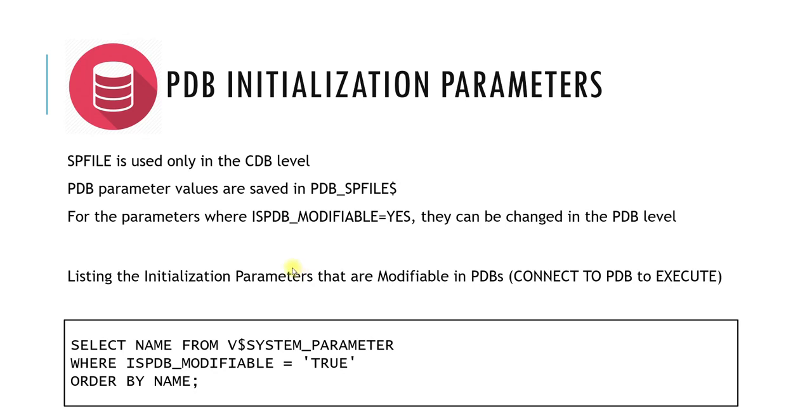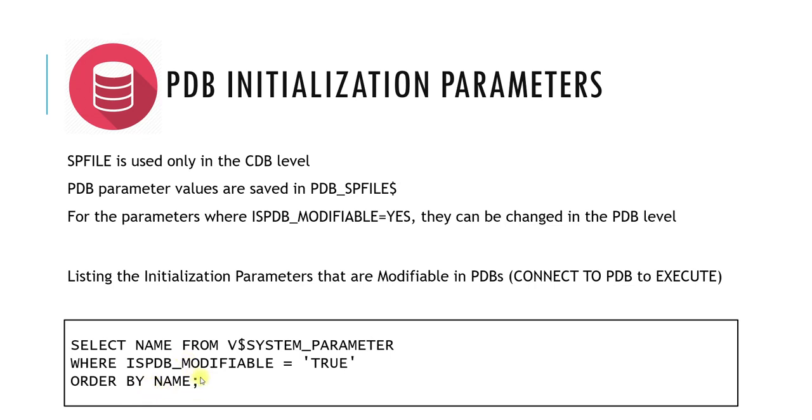So let's say we will query V$SYSTEM_PARAMETER. In this query, we are selecting the name column from V$SYSTEM_PARAMETER, filtering where ISPDB_MODIFIABLE equals TRUE, and ordering by name.